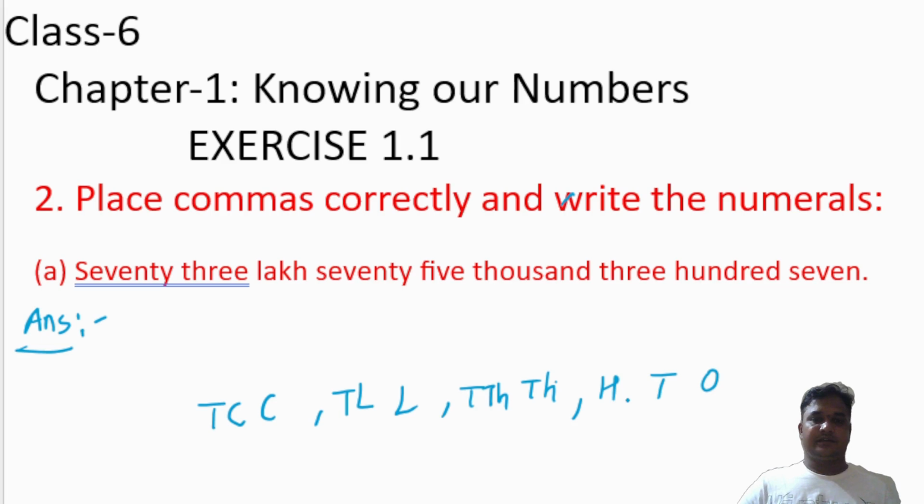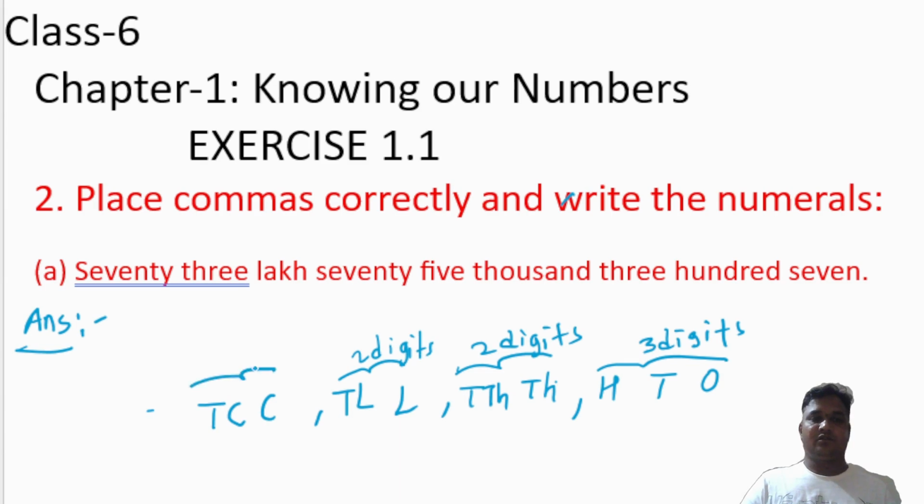Ones, tens, hundreds, these are 3 digits. Then we place the comma here. Then next there are 2 digits, and then here also 2 digits. Lakhs also 2 digits, and this crore also 2 digits.